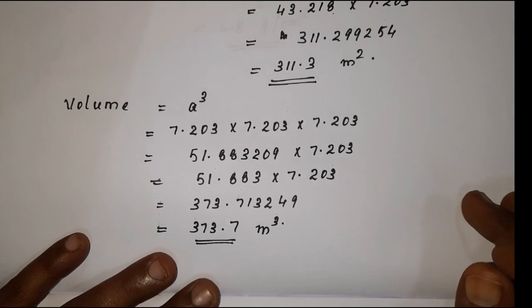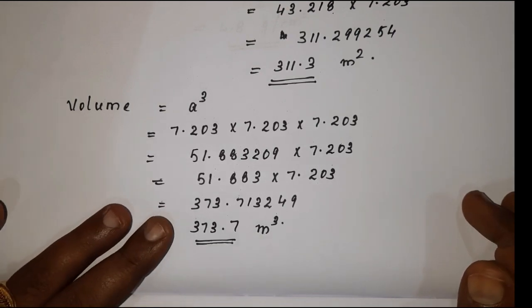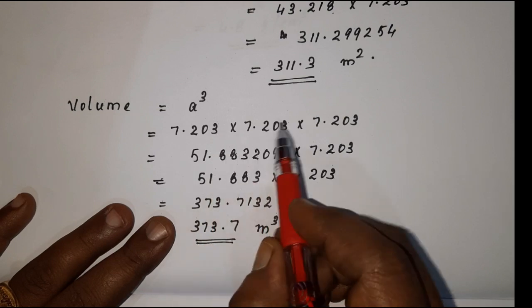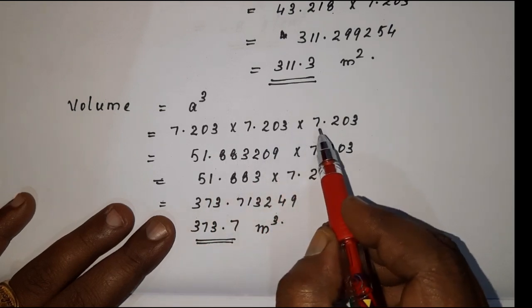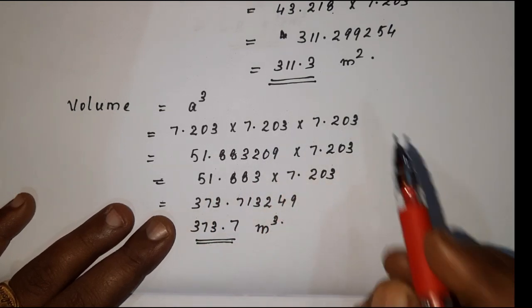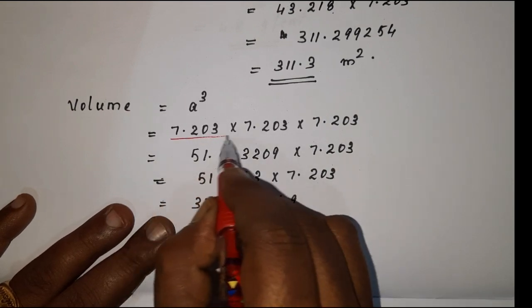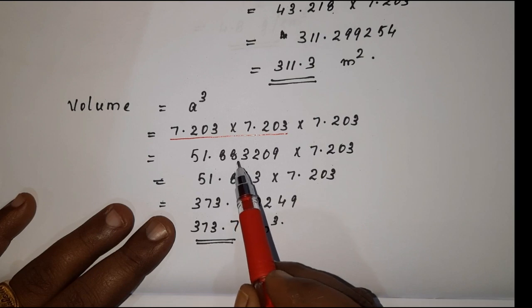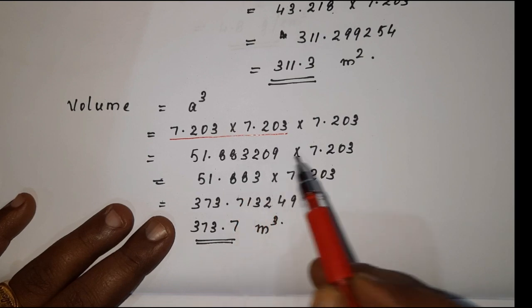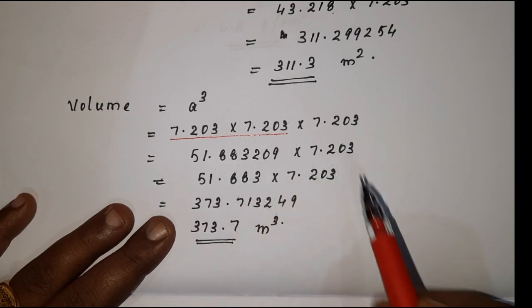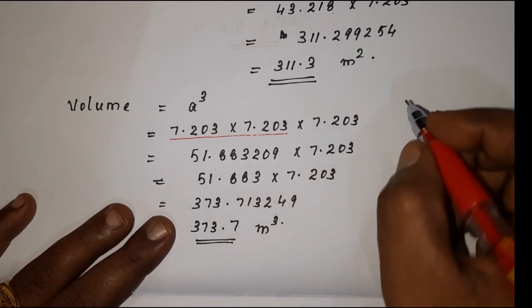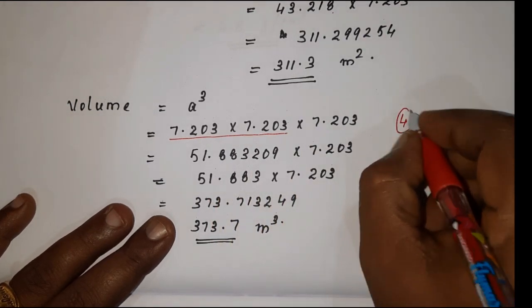Now coming to the calculation of volume, we have a cube: 7.203 into 7.203 into 7.203. First we will do this one. So we will get 51.883209 into 7.203. Here in the final answer, there should be 4 significant figures.